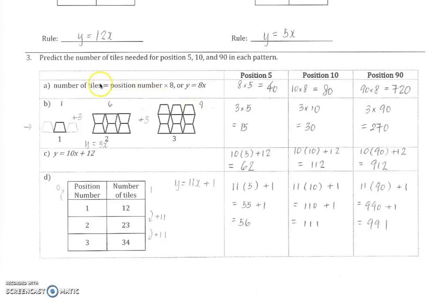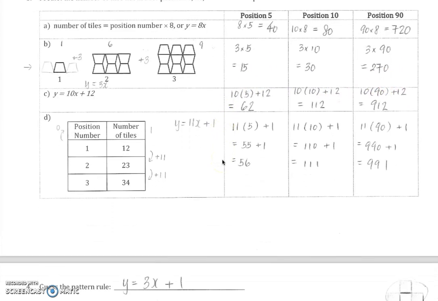So there are 3 tiles, 6 tiles, and 9 tiles. The pattern rule is 3x. We have 3 times 5, 15, 3 times 10, 30, and 3 times 90, 270 in positions 5, 10, and 90 respectively.